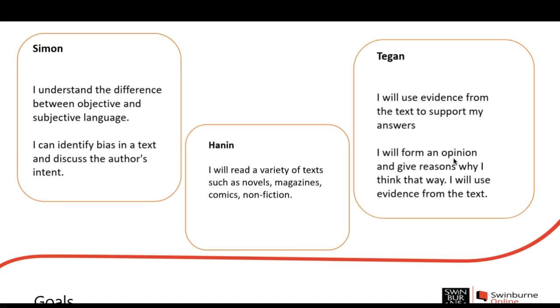My thinking with Hanin was that I'm thinking of exposure. That's always the thing that I keep coming back to with her. I think the more we can expose her to, the more she's going to understand of the world and the language, and how it looks in different places, how it is structured in different genres, and how it sounds.